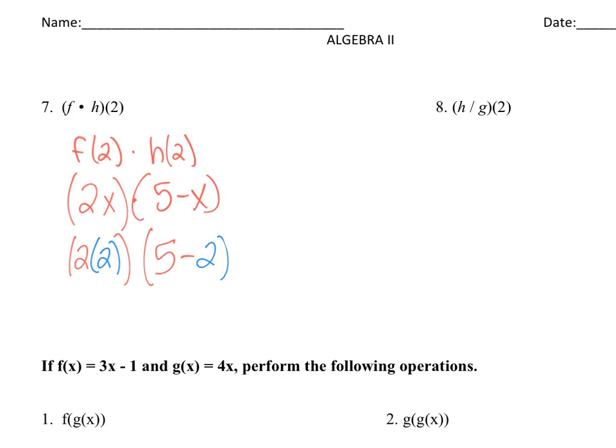Parentheses, okay? So, if we could do it this way. What's 2 times 2? What's 5 minus 2? 3. 4 times 3 is 12. Okay? We see that? We're okay there?